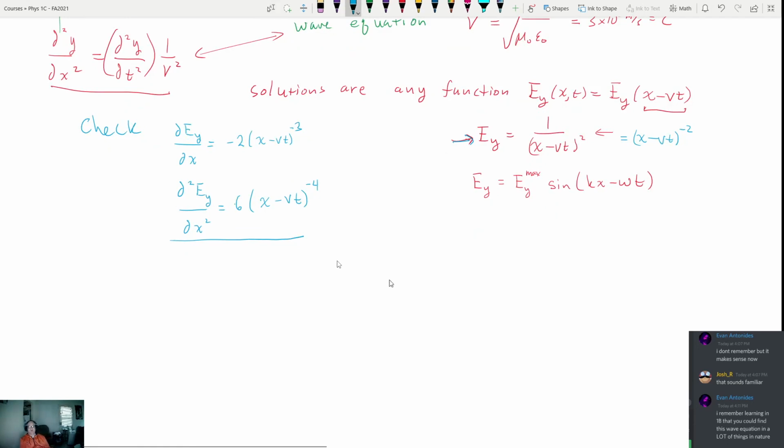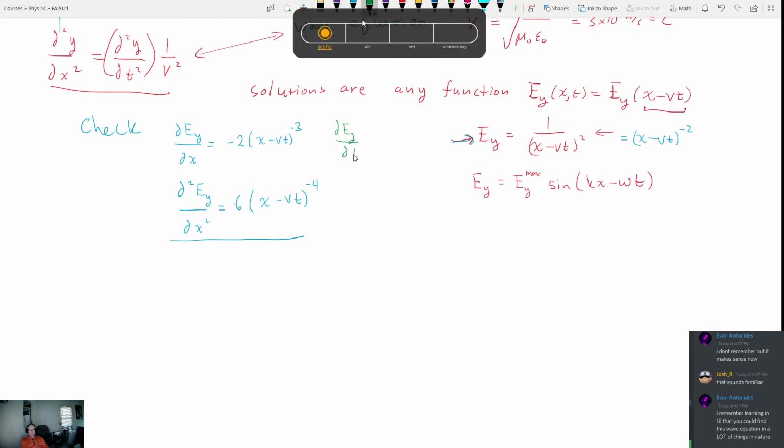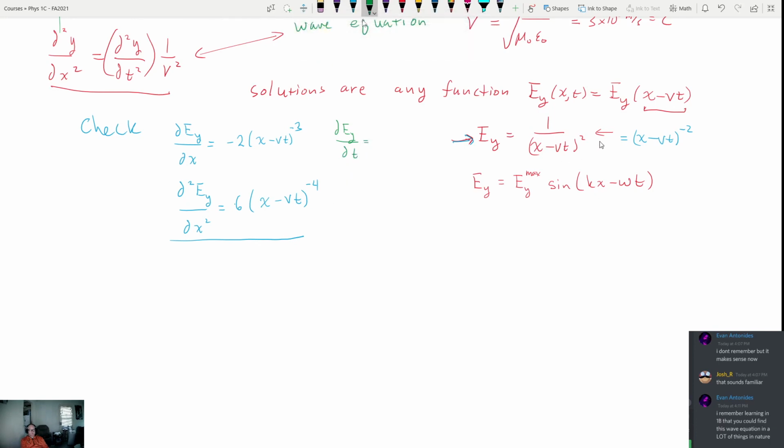Let's do the time derivatives now. The time derivative, del Ey del t, will be negative 2 times (x minus vt) to the negative 3, but then we have to multiply by negative v.